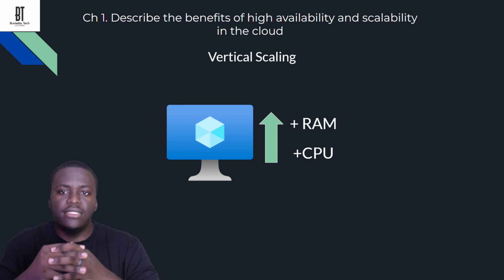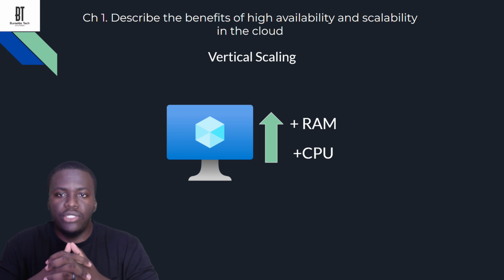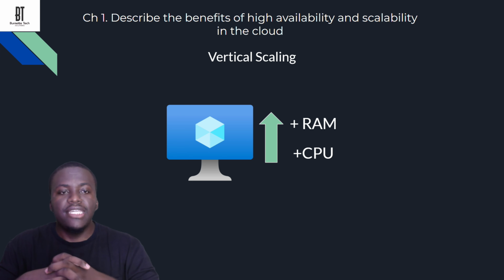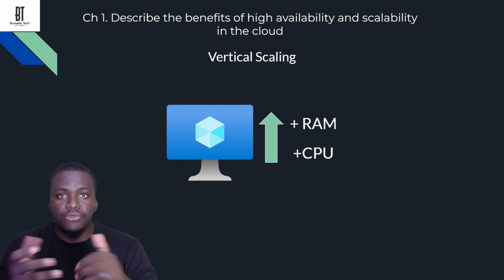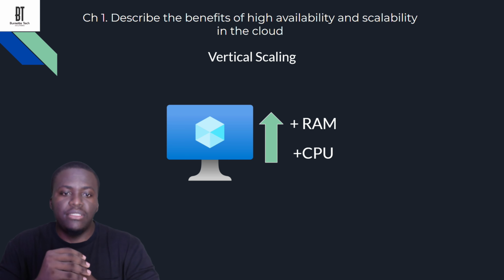So in this case, let's look at a virtual machine. So a virtual machine is a resource, and you have system resources like CPU or RAM. Vertical scaling is taking this virtual machine and adding more RAM to it or adding more CPU to it.